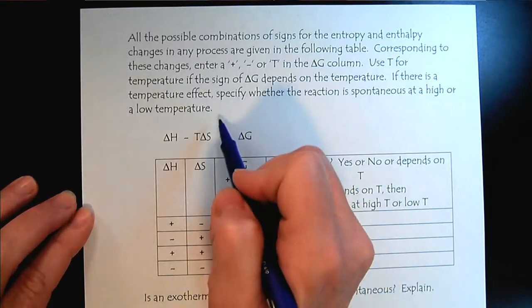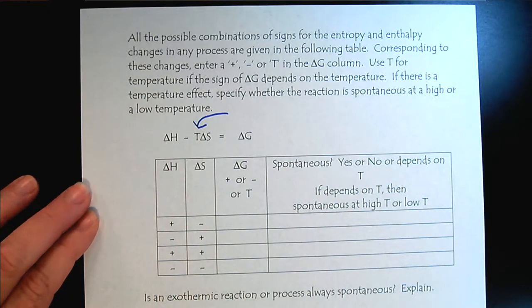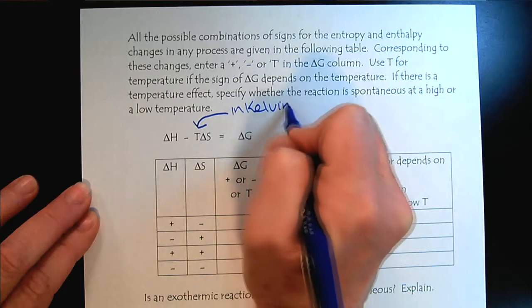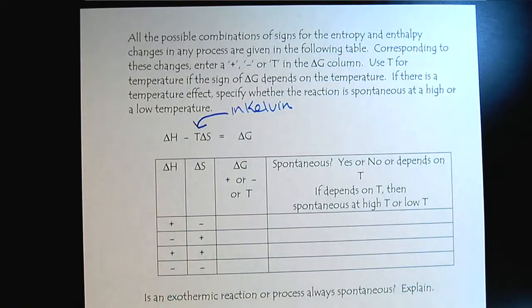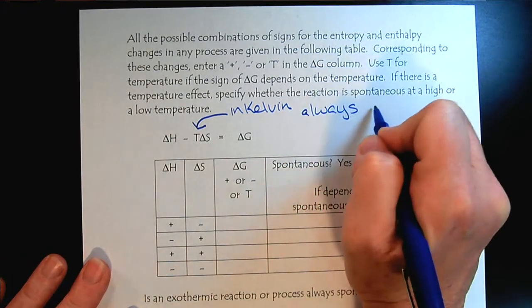And then something that I haven't brought up before, but I'll bring it up now, the temperature is in Kelvin. So when the temperature is in Kelvin, what do we know about the values? They're always going to be positive.